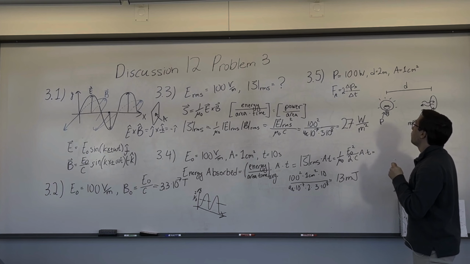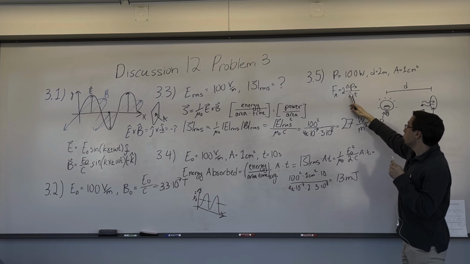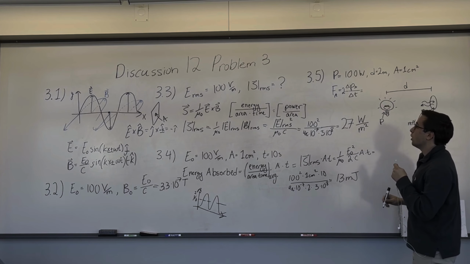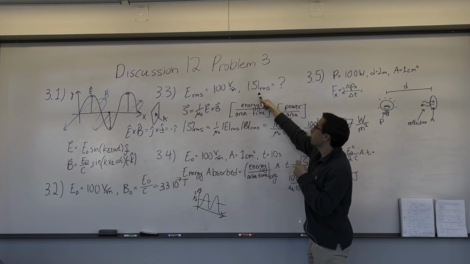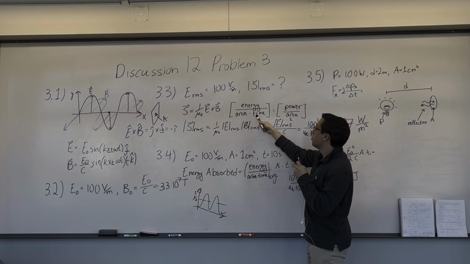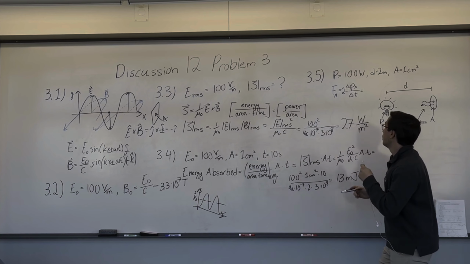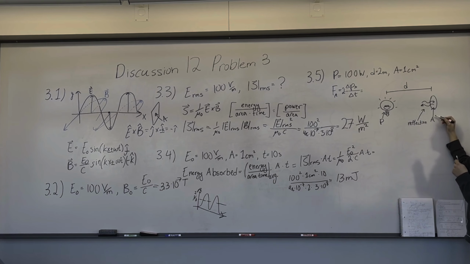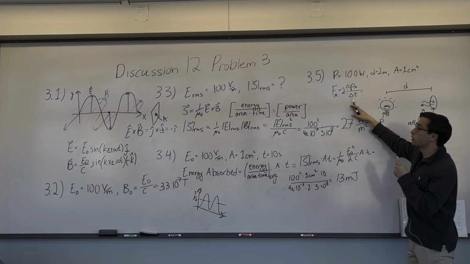Okay, now we have to figure out what this momentum per time is. The way we're going to do that is kind of indirectly, by coming back to our energy per area per time. So the per area per time idea should make sense here, right? We have an area, so we want some sort of per area idea to find our force.